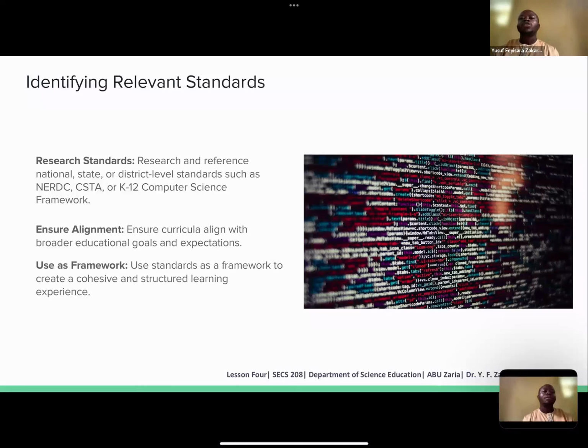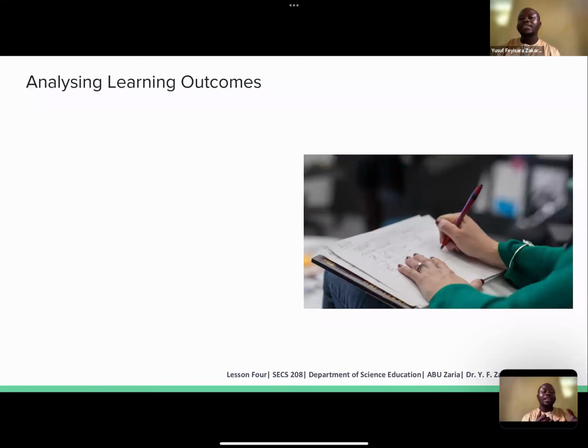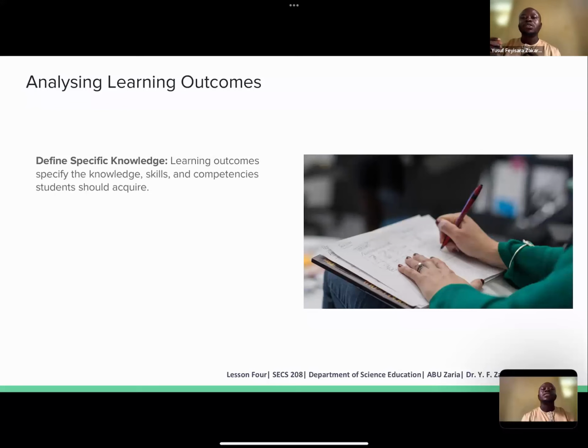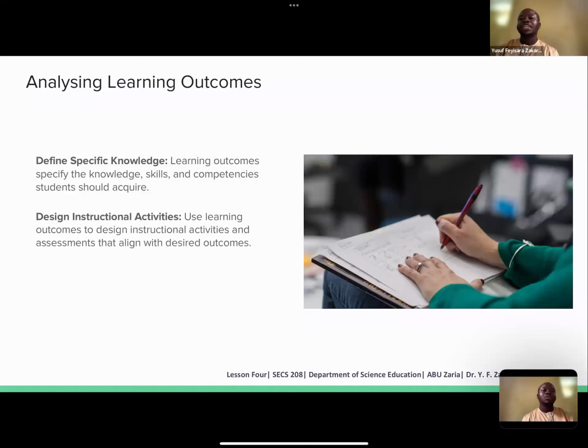All right? So after identify, you need to analyze the learning outcomes. Remember, we have 4 things in there. So you define specific knowledge. See, the learning outcomes has to do with the specification of knowledge, skills, and competencies that you want your student to acquire or you want them to gain. Then after you've identified that, you need to design instructional activities which must be in line with these learning outcomes.